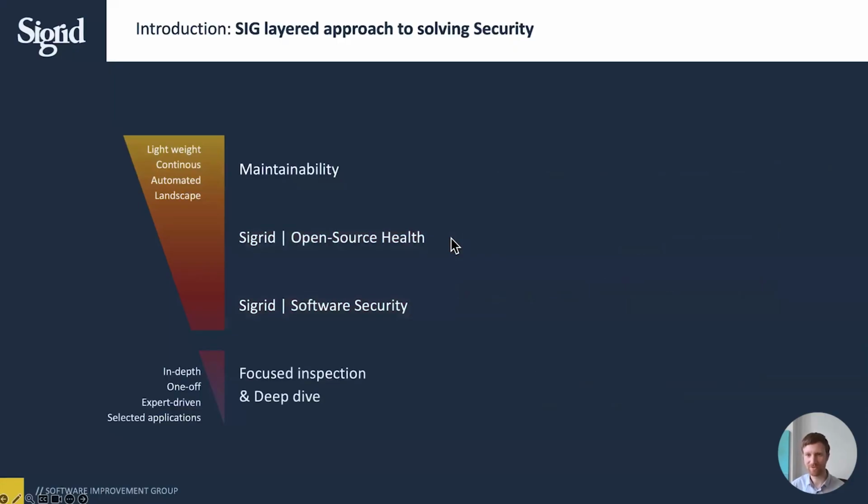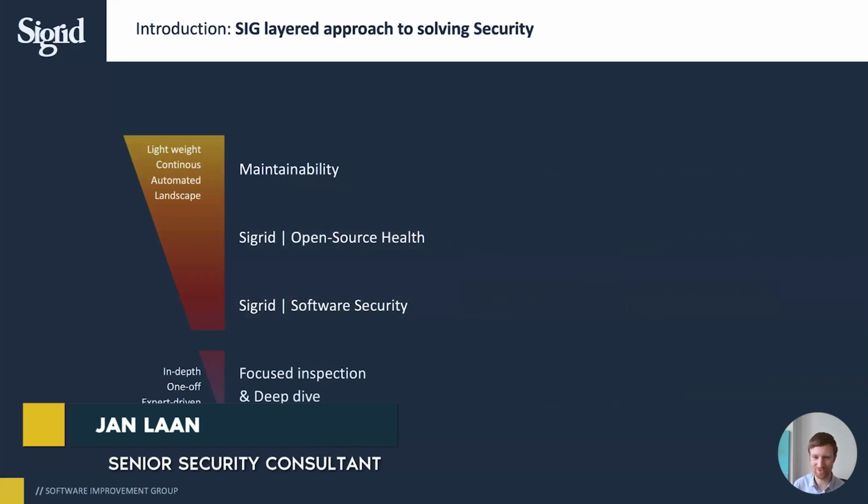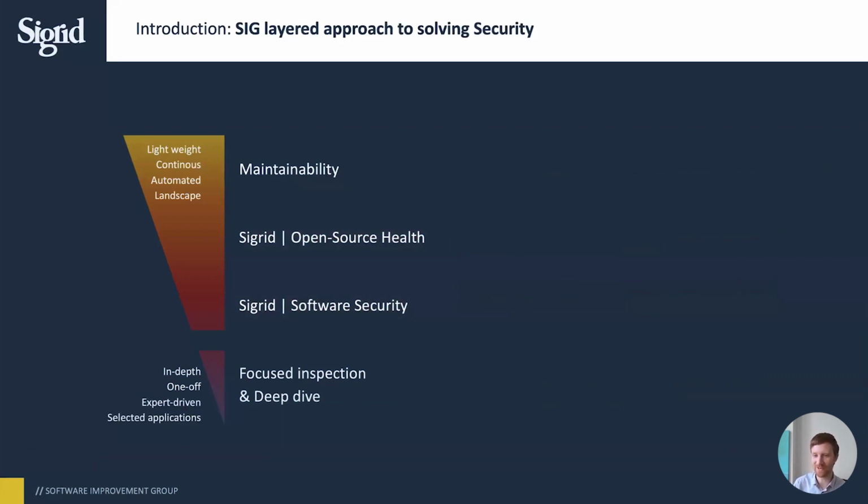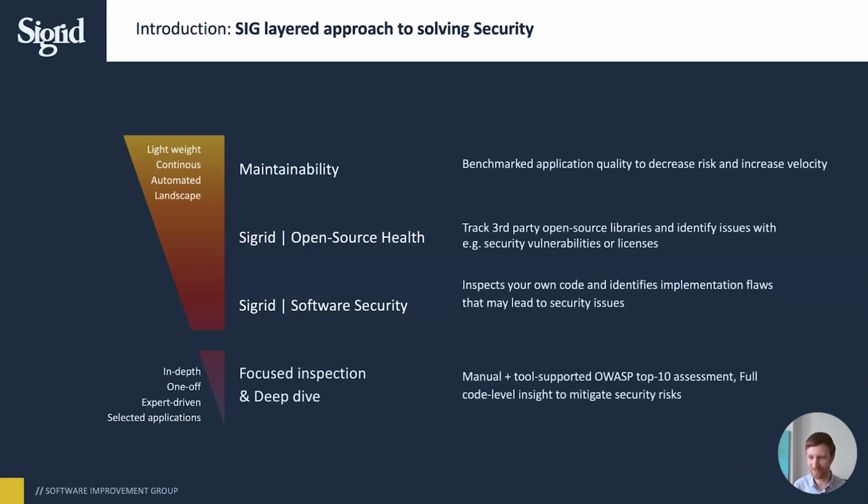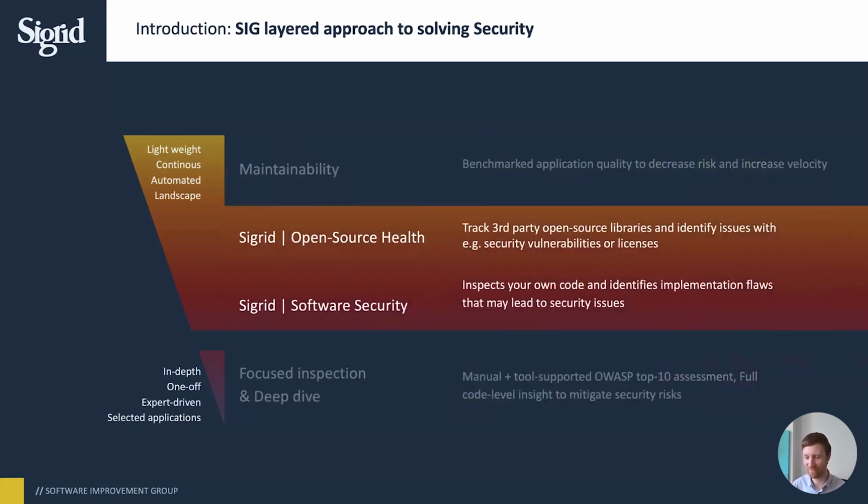All right, so a little bit about Sigrid security and open source health. If you're a Sigrid user, then you're probably well familiar with our maintainability offering, code quality. But Sigrid also has these security modules that we'll be discussing today. Specifically, we'll be discussing two Sigrid modules, one called open source health.